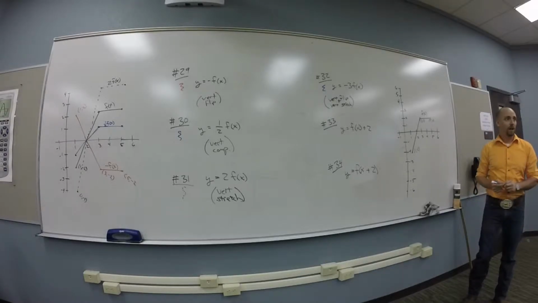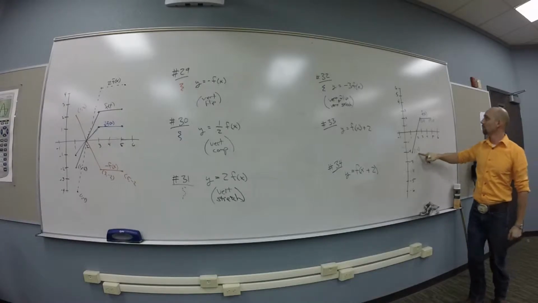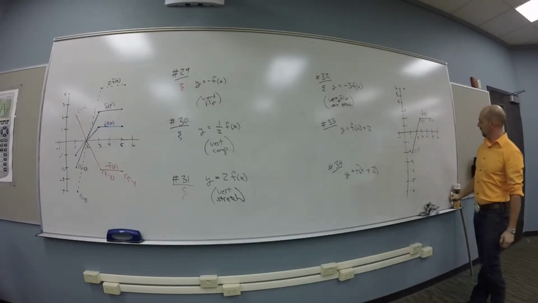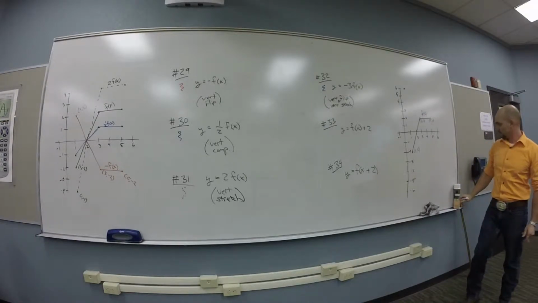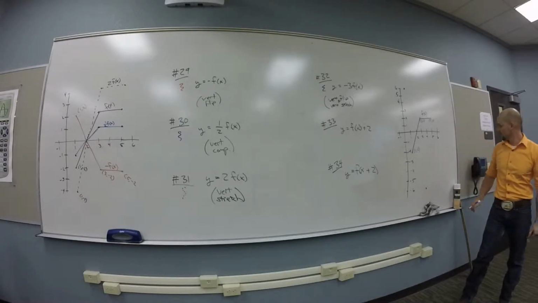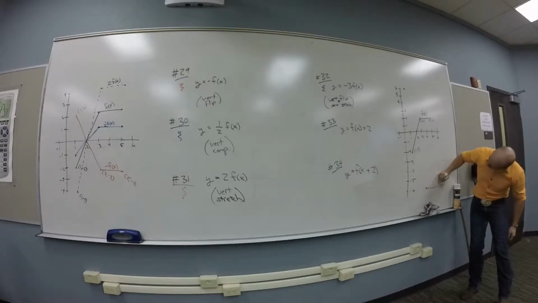Okay, so where are my points now? At 1, 6. At 3, -6. And 5, -6. Okay, so there's that piece.